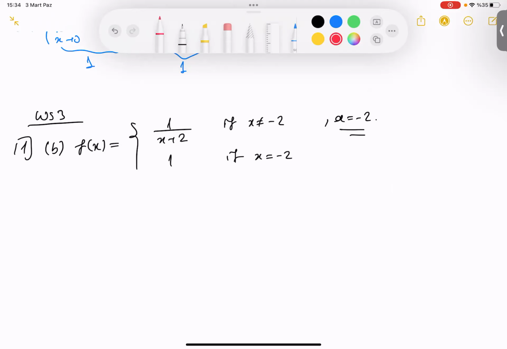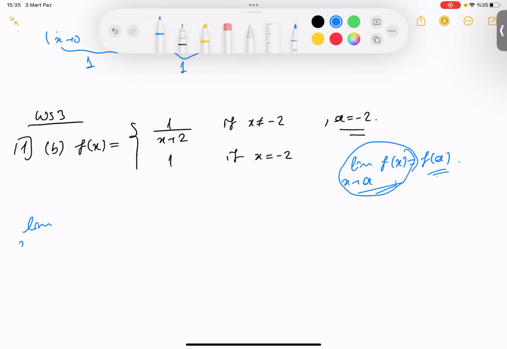We say a function is continuous at a point if you have this equality, right? If the image of that function at the given point is equal to its limit, then you say the function is continuous. Now, we need to check the limit of f at the point -2 to be able to say it's discontinuous, because it's already defined by 1 at that point. So that's not the problem.